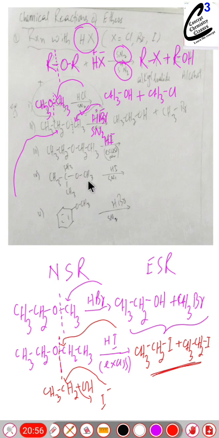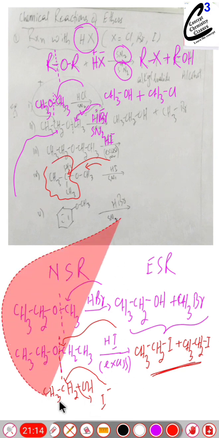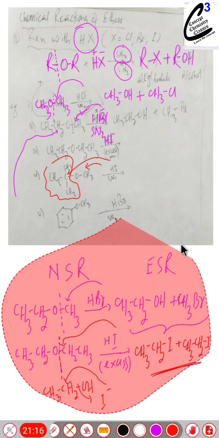Okay. In the next example, iodide ion attacks either this carbon atom or this carbon atom. So since this is a tertiary alkyl group, let me write here after removing this.